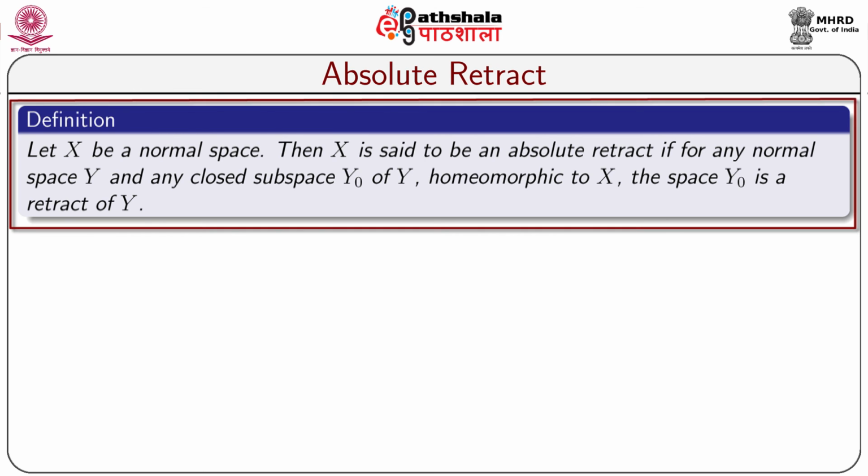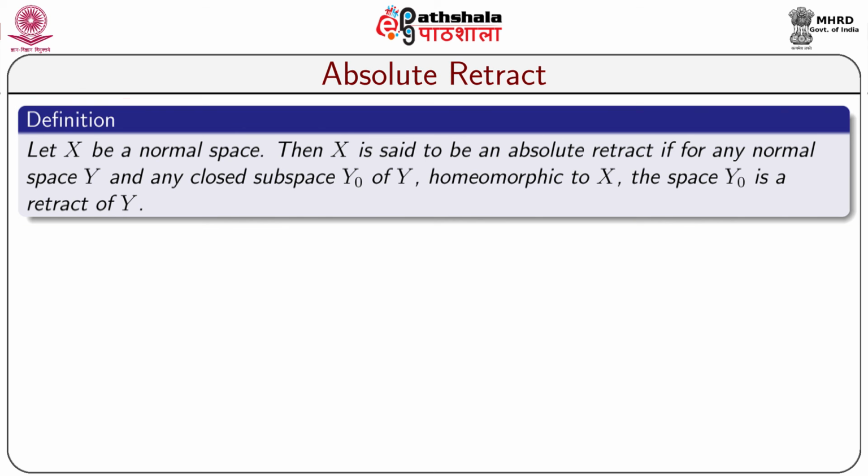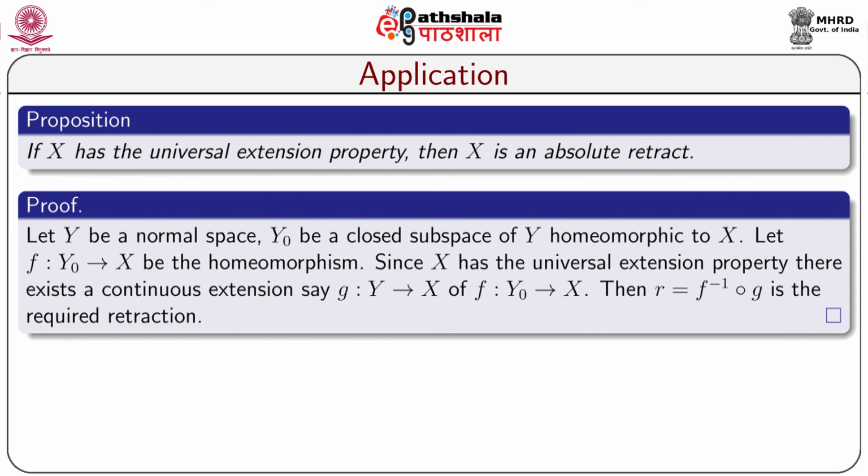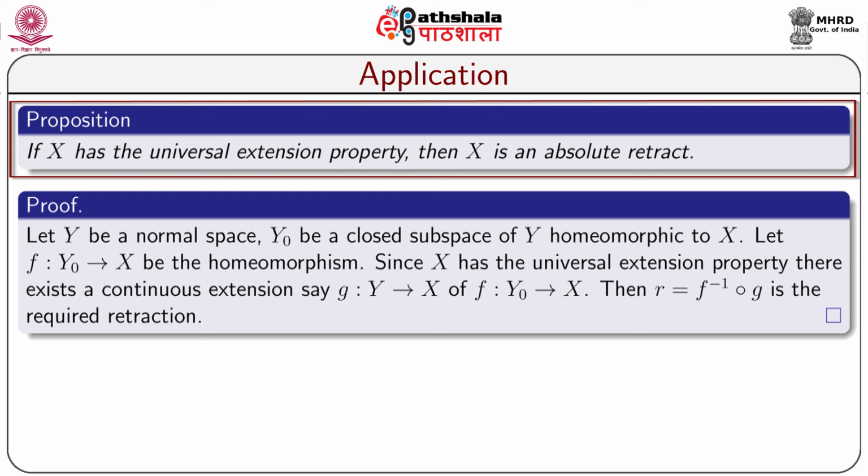Let capital X be a normal space, then capital X is said to be an absolute retract if for any normal space Y and any closed subspace Y naught of Y homeomorphic to capital X, the space Y naught is a retract of Y. We end this section by the following proposition, that if X has the universal extension property, then X is an absolute retract.